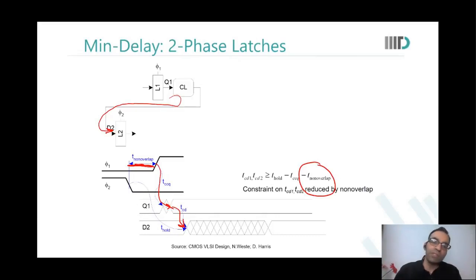The non-overlap benefit is that your hold time failures will not happen. But I can have lower contamination delays that way. Yes, because you have more margins, with increased non-overlap duration.